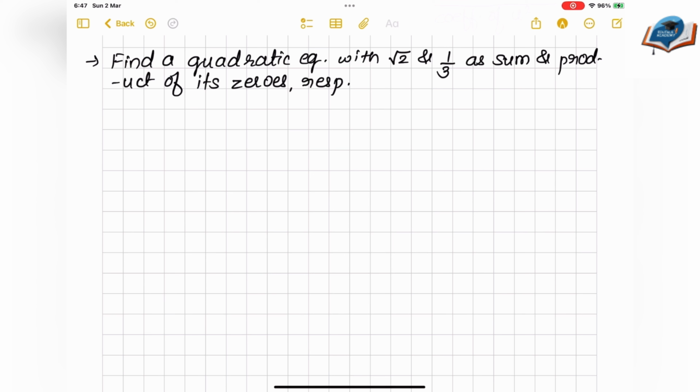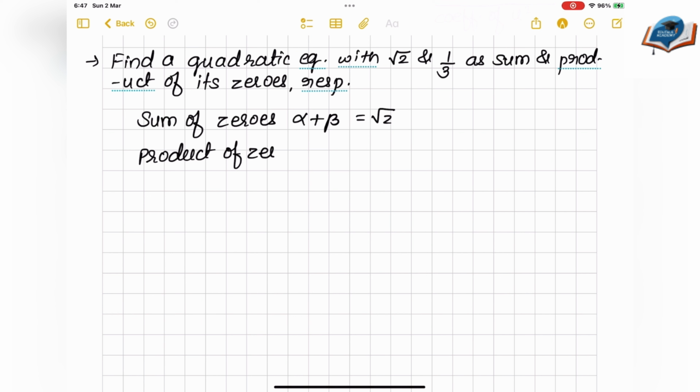So see here, sum of zeros, that is alpha plus beta, equal to root 2, and product of zeros, that is alpha beta, equal to 1 by 3. So therefore the quadratic equation is x square minus (alpha plus beta) x plus alpha beta.